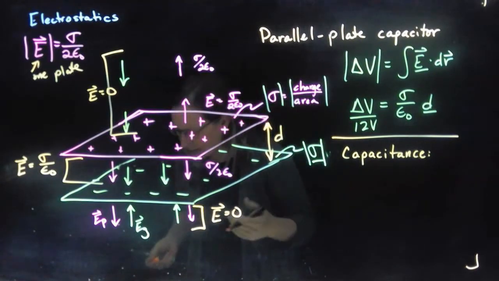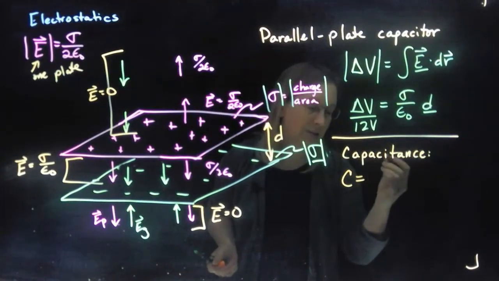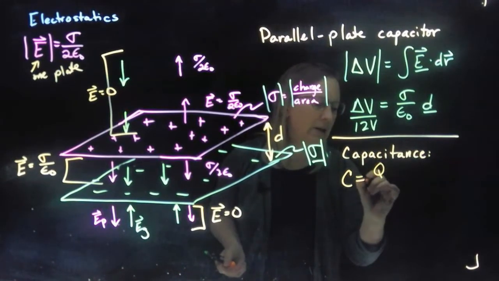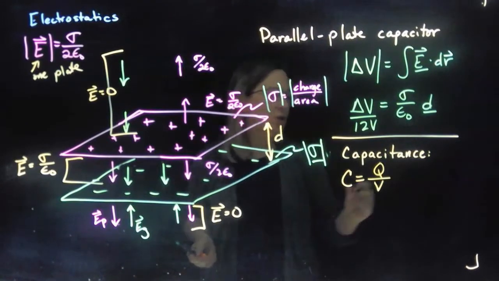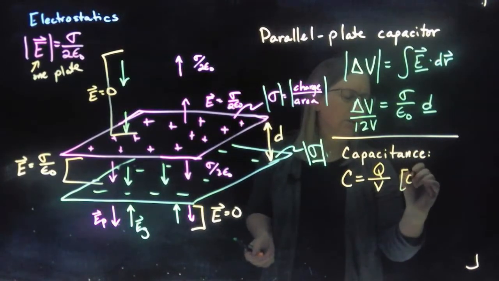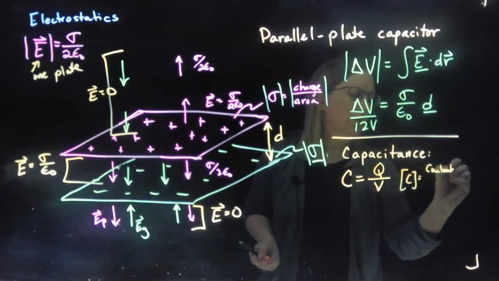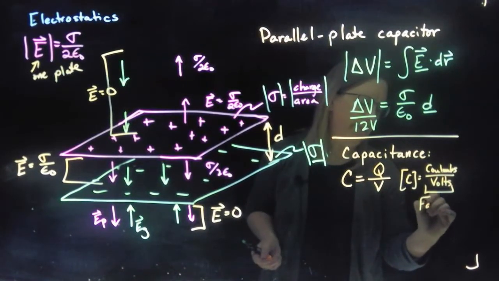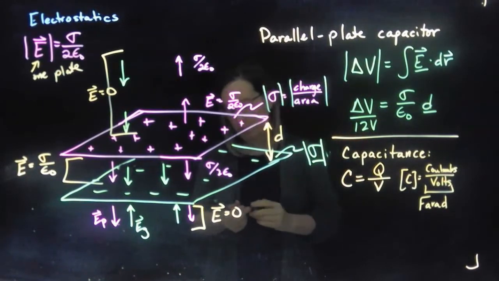So the capacitance of something is equal to this C. I know we have C for charge, but this is C for capacitance, is Q divided by V. Okay, and so the units of capacitance are coulombs over volts, and that has a name of a farad, which we abbreviate with a capital F.